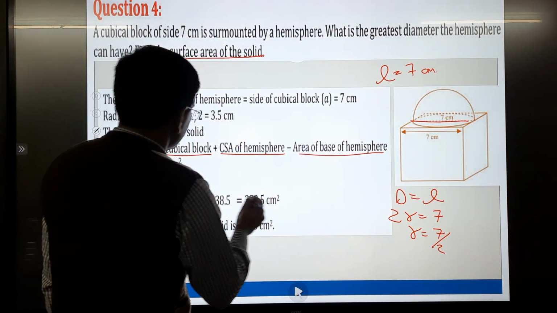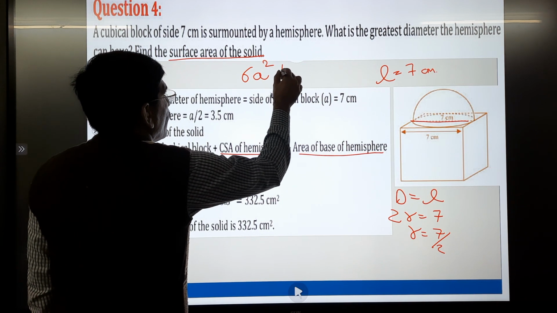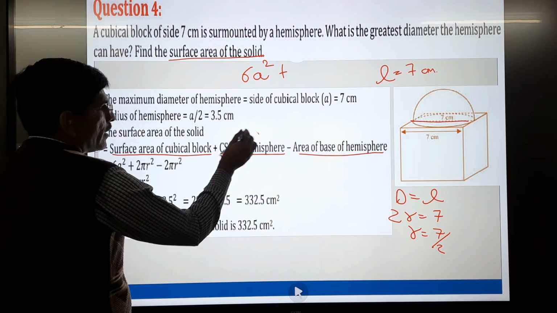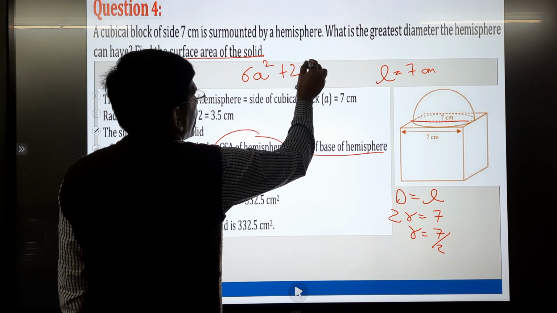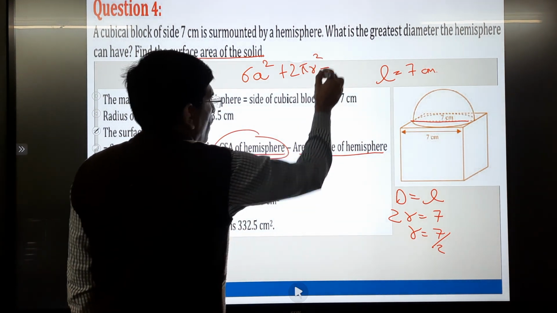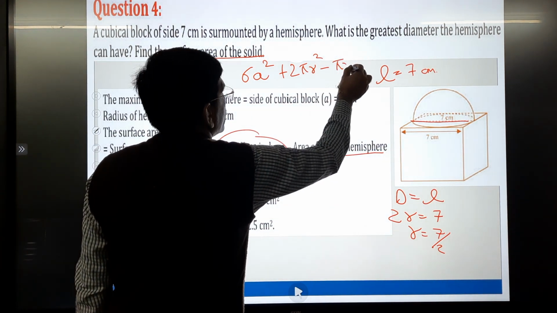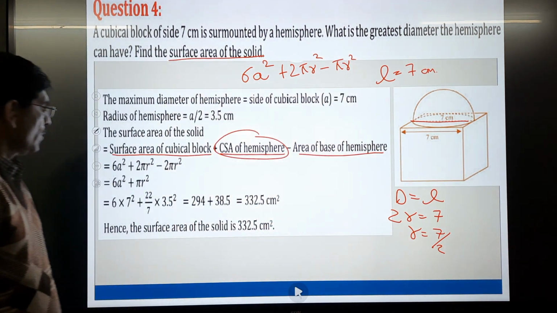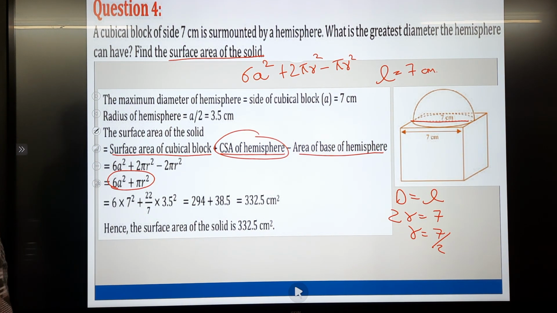So the formula here is 6a square, plus CSA of hemisphere, that is 2 pi r square, minus area of base, that is pi r square. Now if you simplify, we get 6a square plus pi r square.